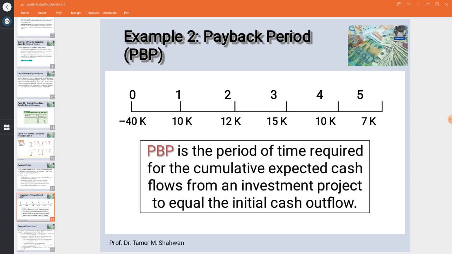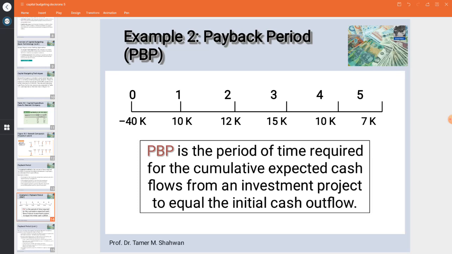This is the 3,000, and we divide it by the coming cash flow of year 4, which is 10,000. This will be your payback period in this case, which is 3 years plus 3,000 divided by 10,000. This will equal 3.3. This is your payback period for this project.